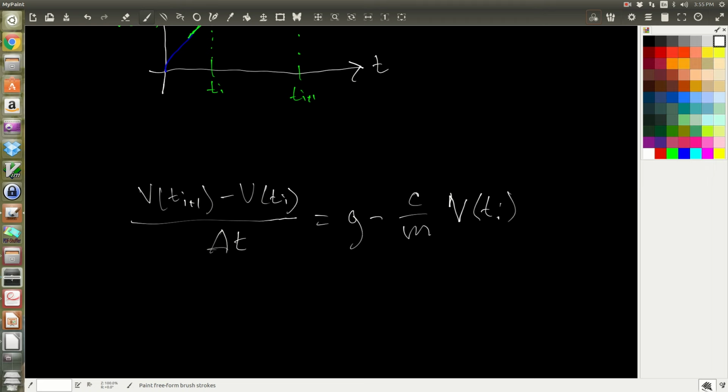Alright, so now we can solve this equation for v sub t i plus 1.